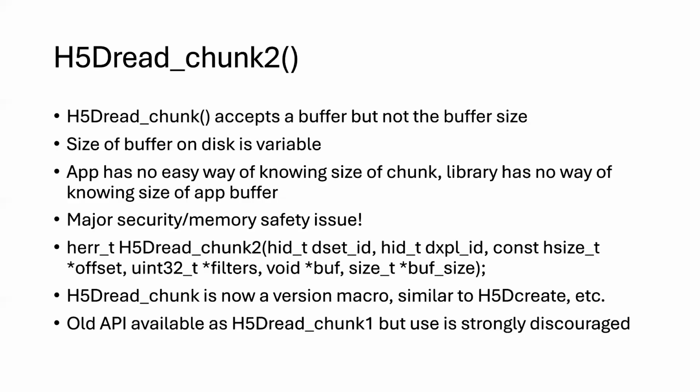Yes, that API exists, but people that want to use HID read chunk don't want to call it before every single invocation of HID read chunk because it adds overhead.